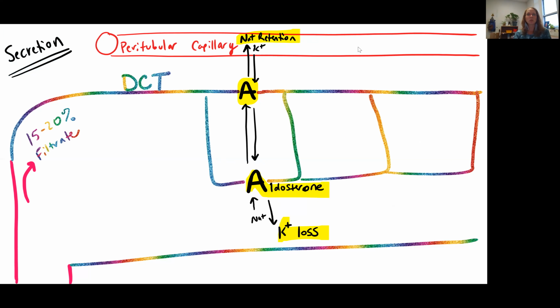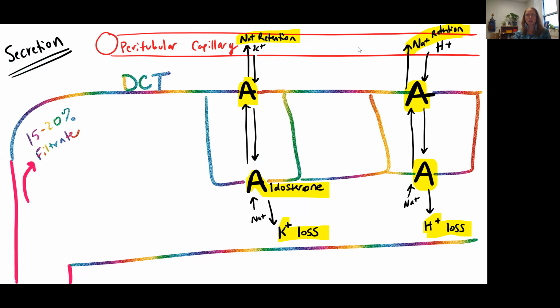So sodium is reabsorbed and potassium is secreted. We also see aldosterone can turn on sodium hydrogen ion channels. So what we see happening here is in the presence of aldosterone, not only are we retaining our sodium, but we're secreting both potassium ions and hydrogen ions.